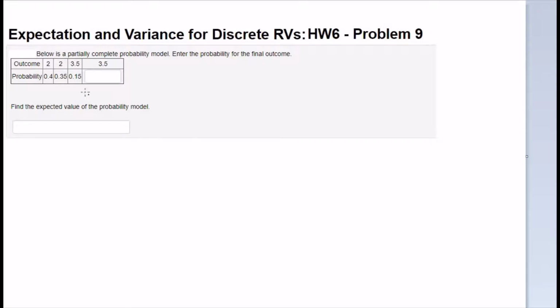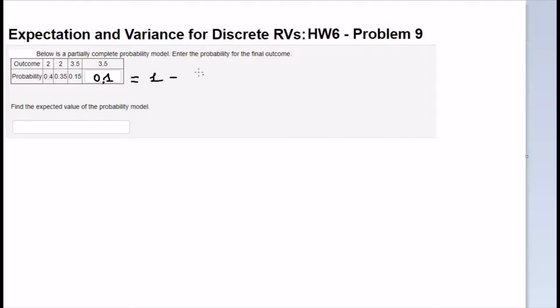Problem number 9. Below is a partially complete probability model. Enter the probability for the final outcome. So for this gap, we know that the total probability is equal to 1. So 1 minus everything, which is 75, 80, 90. So this is going to be 0.1, because that's the number that completes it to 1. And expected value by definition is x times p, outcome times the probability.